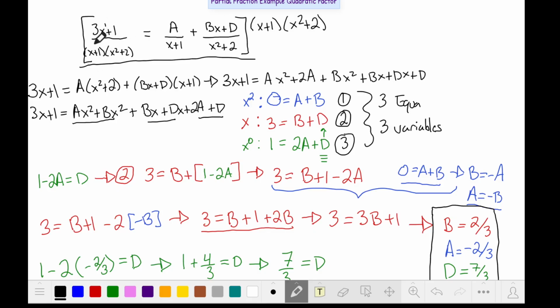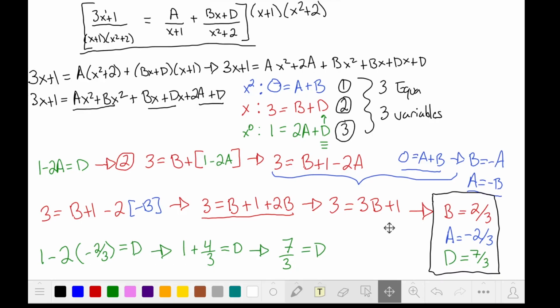We've got this big complicated fraction, and we've turned it into two smaller fractions, which, if we were doing calculus and wanted to integrate or differentiate, are way, way easier to handle than one big one like this. So just like that, we've managed to break apart one big ugly fraction into two pretty ones, with the values of B equals 2/3, A equals negative 2/3, and D equals 7/3.